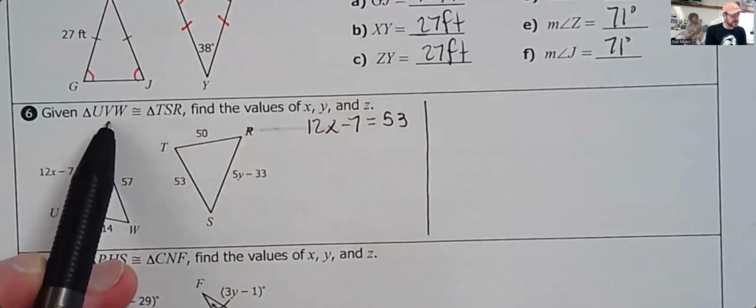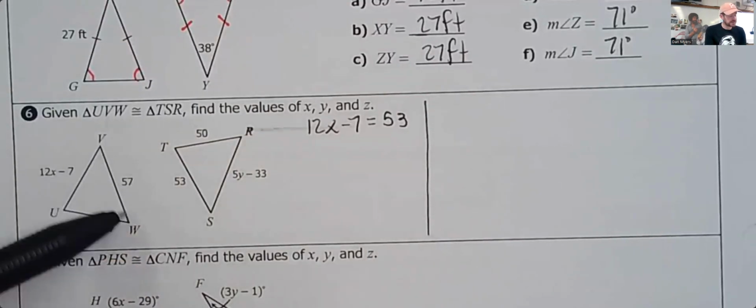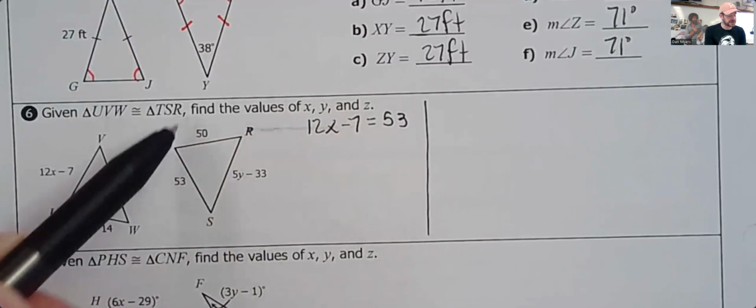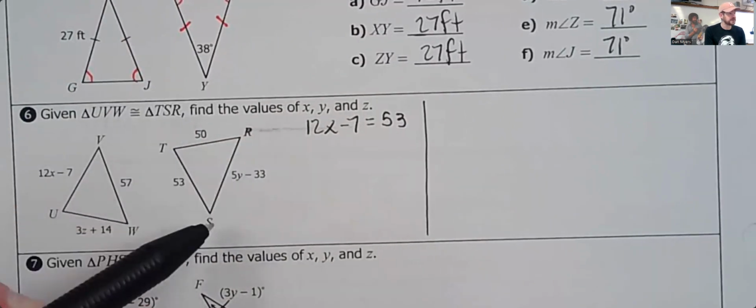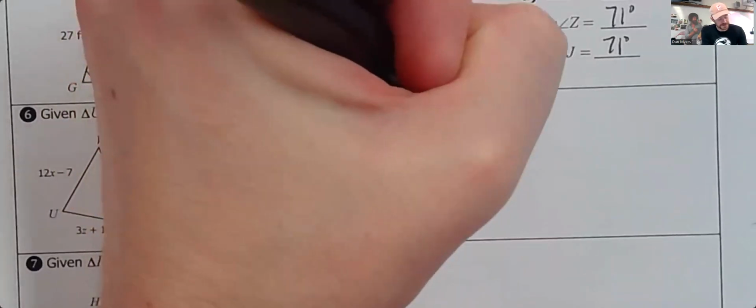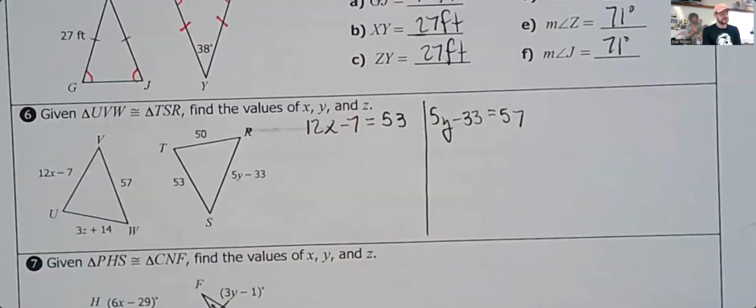So the next one's VW right here, 57, is congruent to SR over here, which is 5y minus 33. So I'm going to write 5y minus 33 equals 57. That's our second equation that we're going to have to solve for.